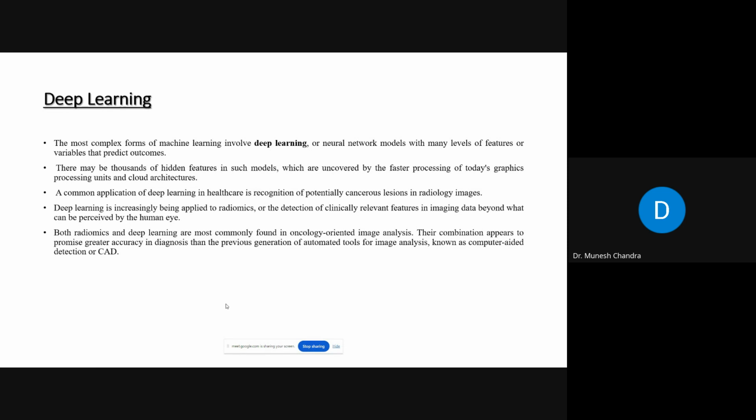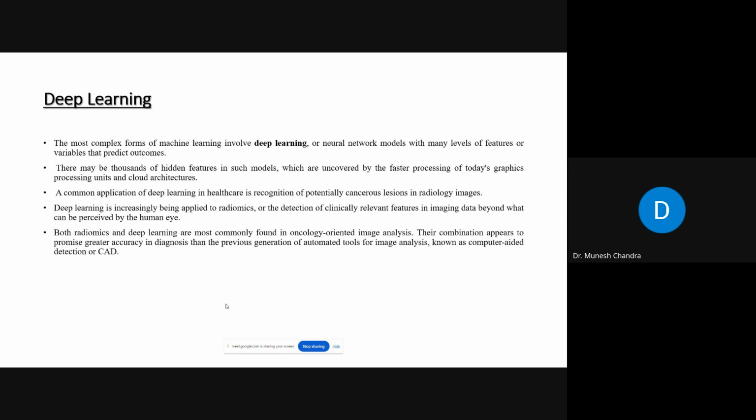A common application of deep learning in healthcare is the identification, or recognition, of cancerous lesions in radiology images. As we said, deep learning is a subset of machine learning, but it typically deals with very large data sizes.